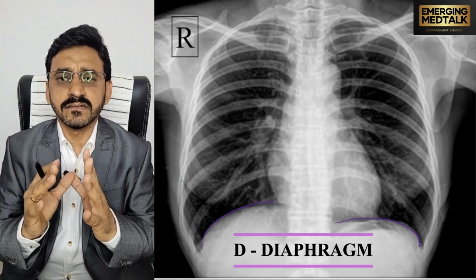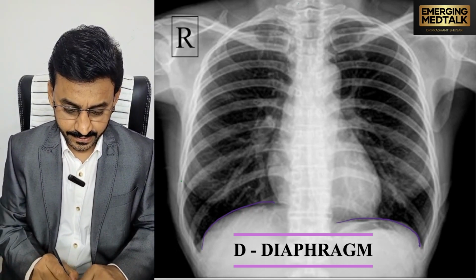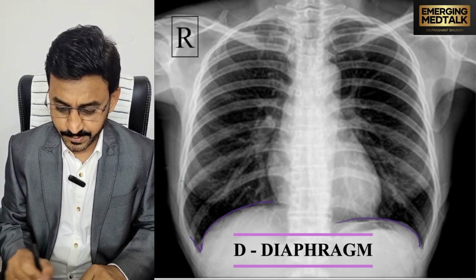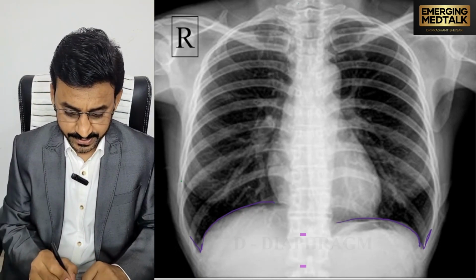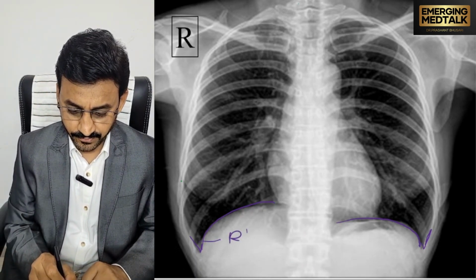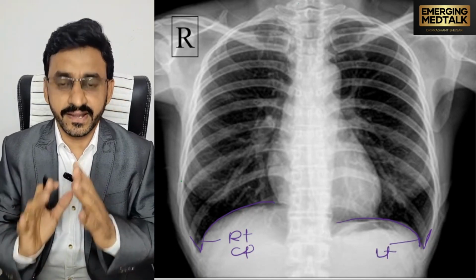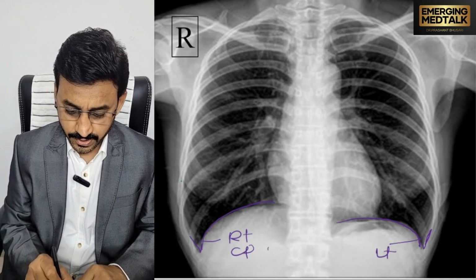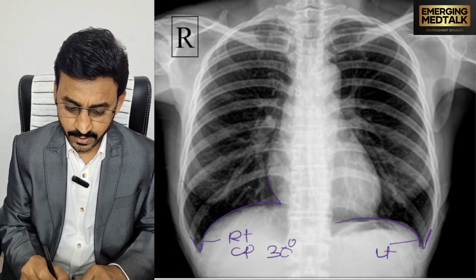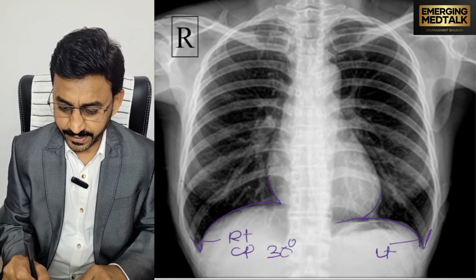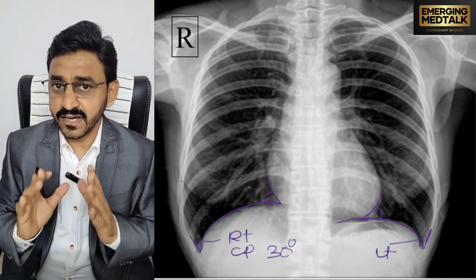These are dome shaped, not straight, and they make an acute angle with the ribs, or the lateral thoracic wall, and on each side these angles are called the right and left costophrenic angles. These are around 30 degrees, acute. The diaphragm also makes angles with the right cardiac border and left cardiac border. These cardiophrenic angles are also acute.